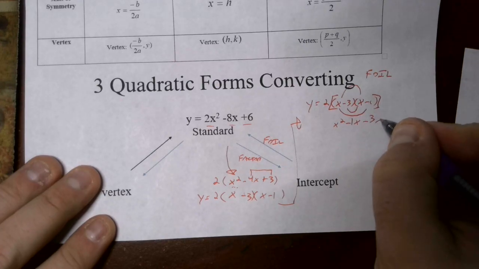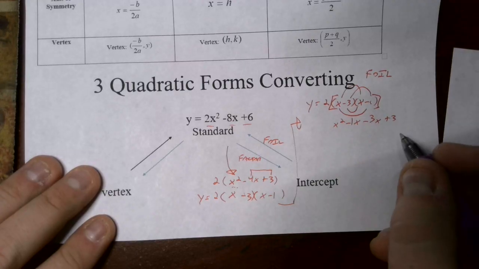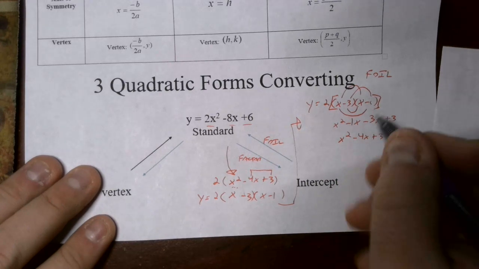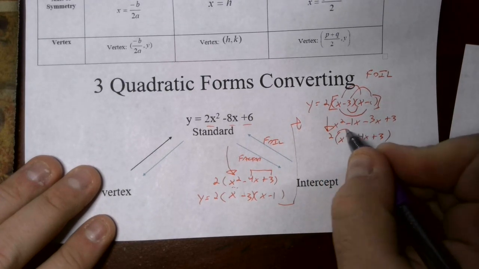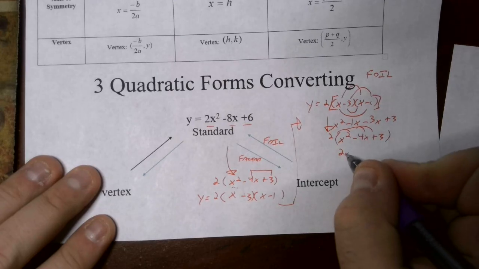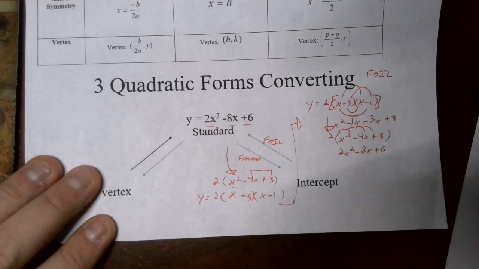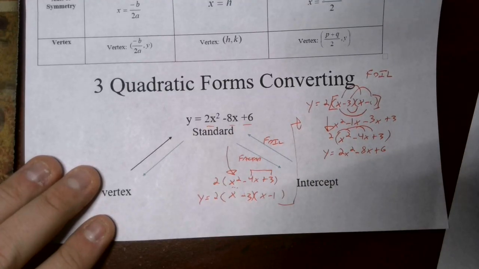Inside terms is minus 3x. Last terms is plus 3. So notice I will get x squared minus 4x plus 3. The 2 out front would then get distributed to become 2x squared minus 8x plus 6. Notice it goes right back to where we started from.